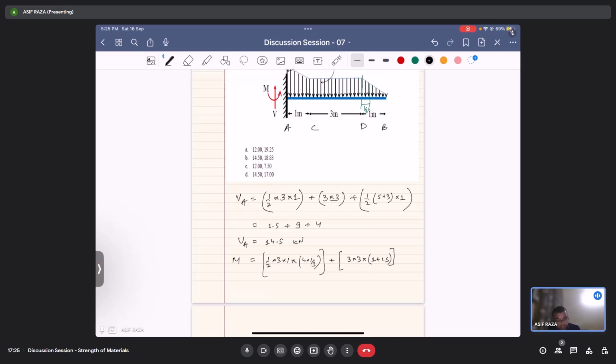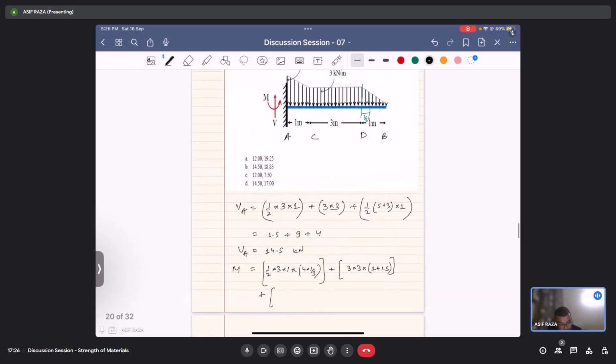Now for the AC part, to calculate bending moment, I will take it as a sum of a rectangular section and a triangular section. So plus, first from the rectangular part, it would be 3 into 1 and the distance would be 0.5, 1 by 2.